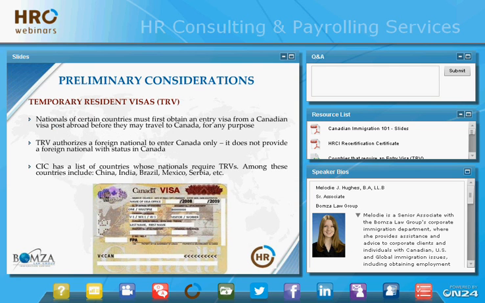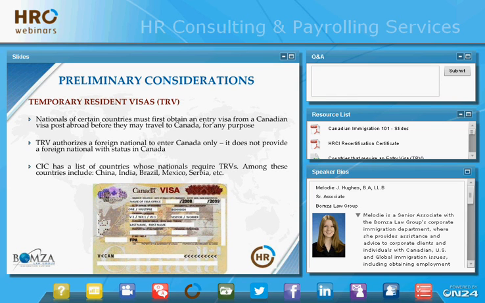So you'll see on your screen a picture of what the TRV looks like. It's stamped directly into the passport, and it'll have quite a bit of information on it, including the name of the office that has issued the visa, the validity dates, as well as how many times the individual may enter Canada, if it's for single entry or multiple entry, and the category under which it was issued.